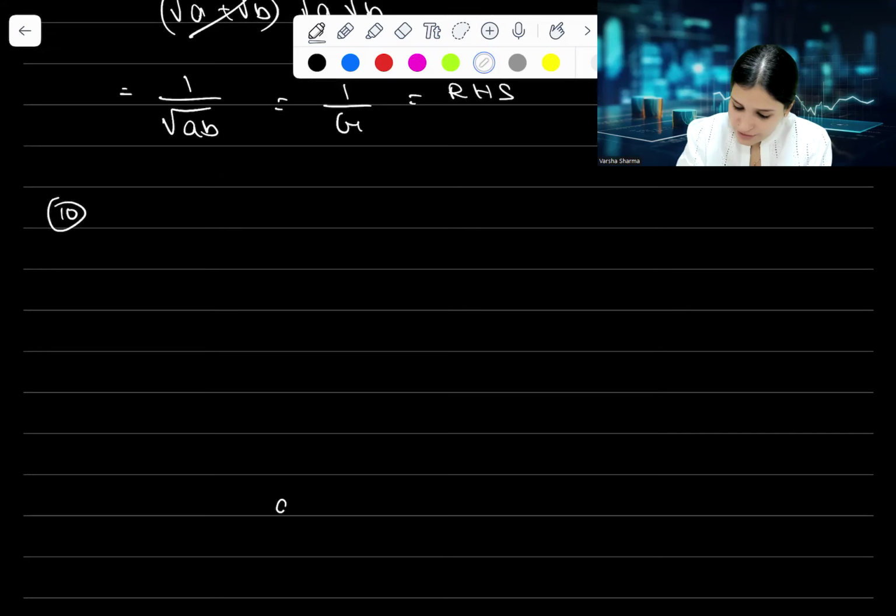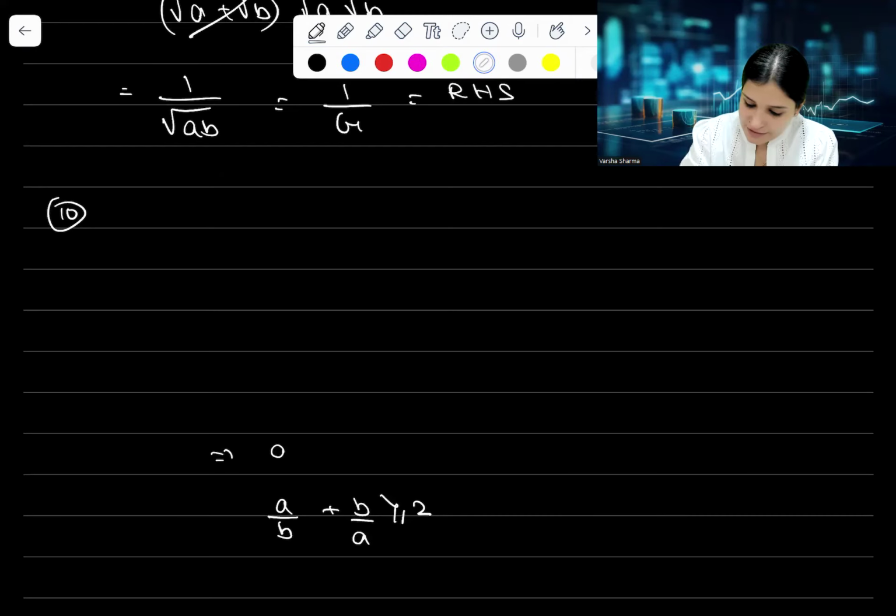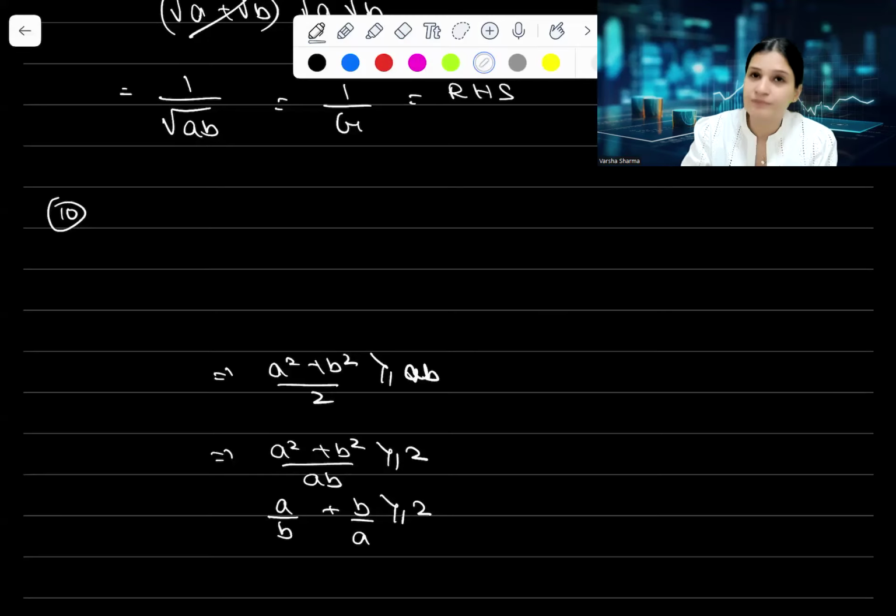Okay, question number 10. What we want is a by b plus b by a greater than or equal to 2. Let's backtrace. This is (a squared plus b squared) by ab greater than or equal to 2. So I can write this as (a squared plus b squared) by 2 greater than or equal to ab.